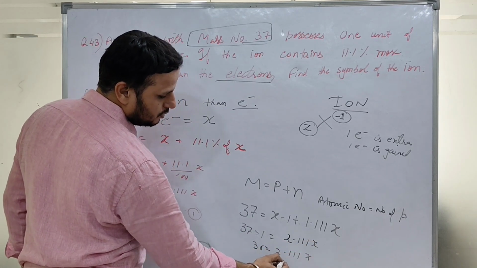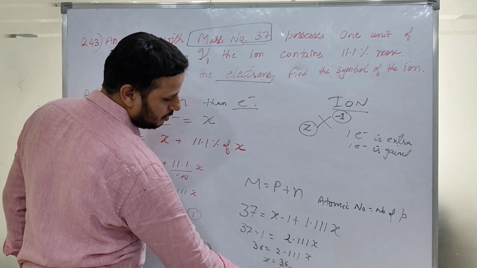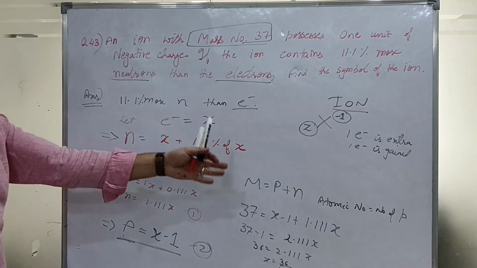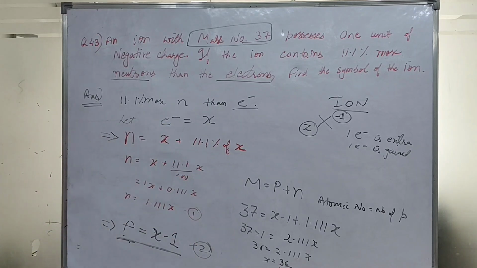So x is equal to 36 over 2.111. So from here we will get electrons, और जितने भी इलेक्ट्रॉन्स आएंगे उससे एक माइनस करके we will get protons, and that will become the symbol of the atom.